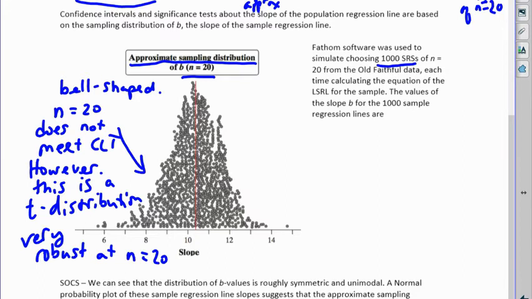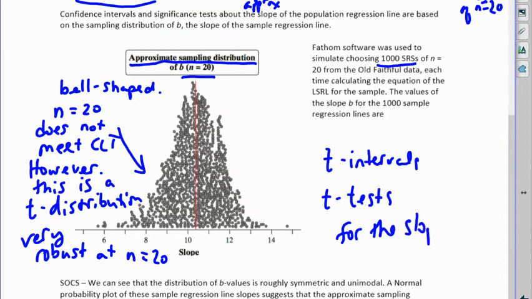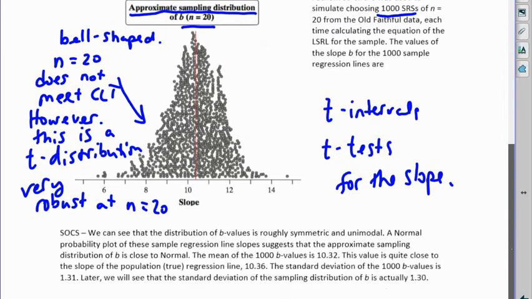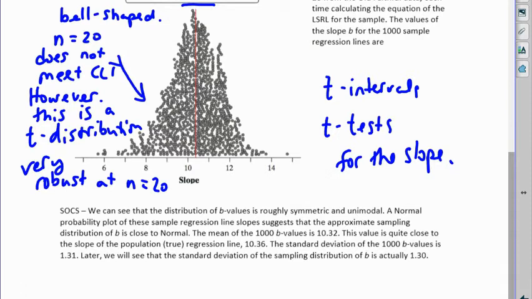Make sure you don't have any outliers. That would be a problem. So we are going to be able to do t intervals, and we're going to be able to do t tests for the slope. Okay, and we're going to do that in the next video. This video is just kind of introducing everything.